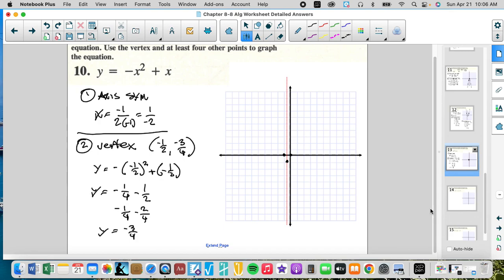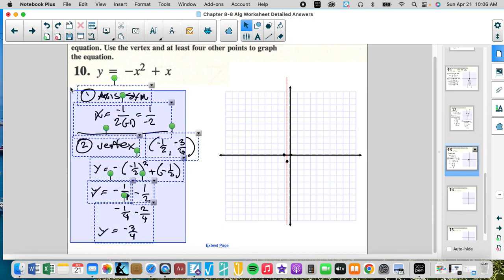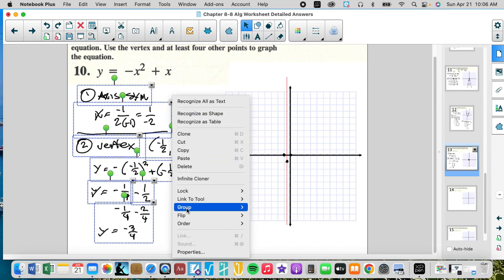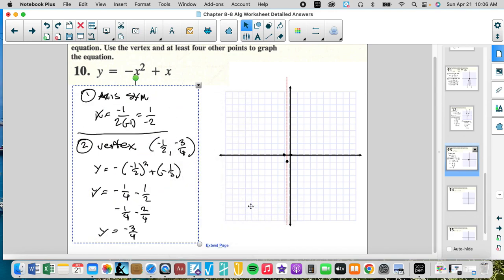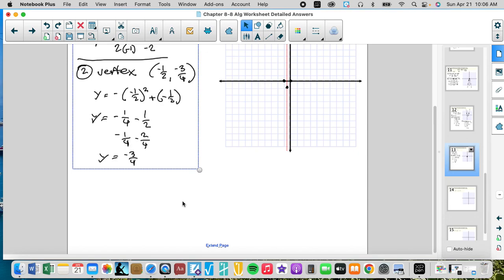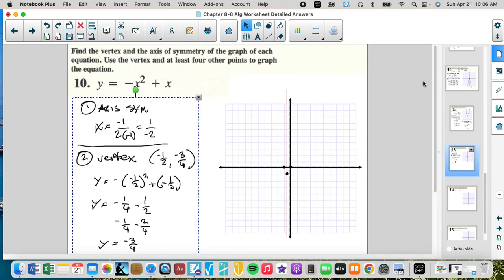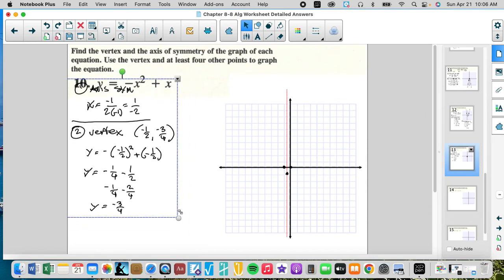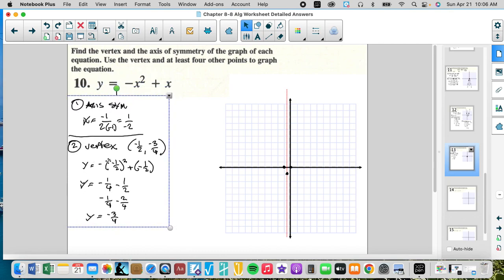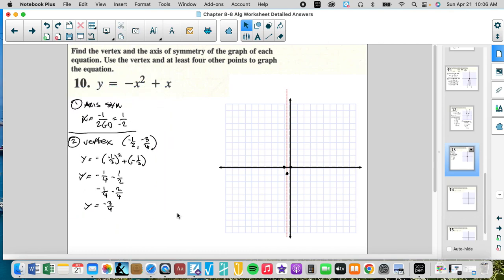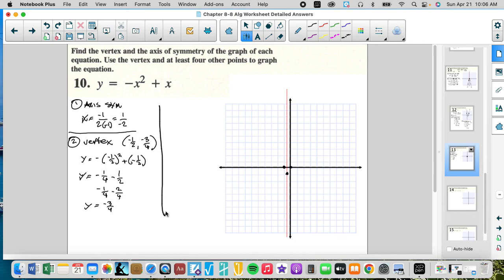And now we're going to find another one. Let's group. Let's make that smaller. Let's do this.